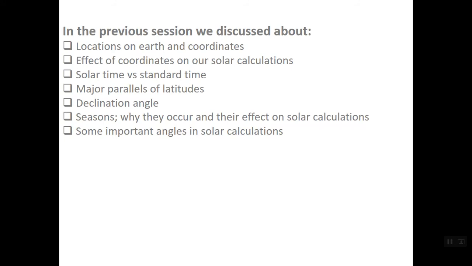Declination angle was introduced. We discussed seasons, and I showed you a very interesting movie. You may see it if not yet watched. And some important angles in solar calculation were introduced.